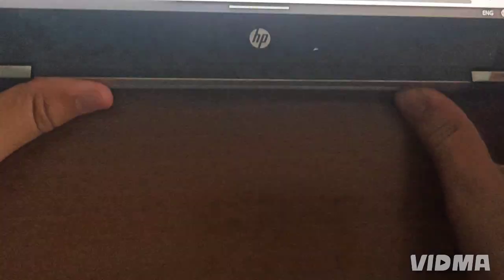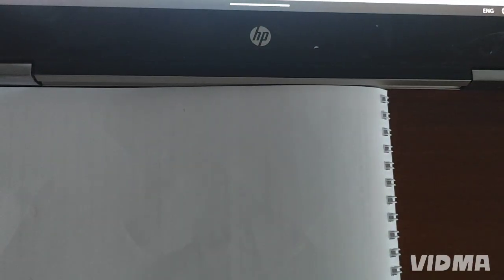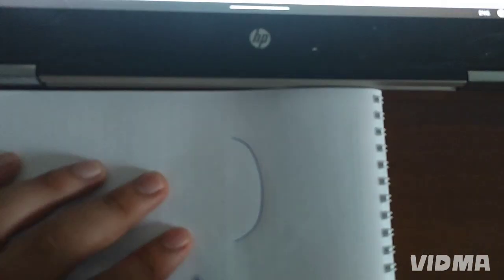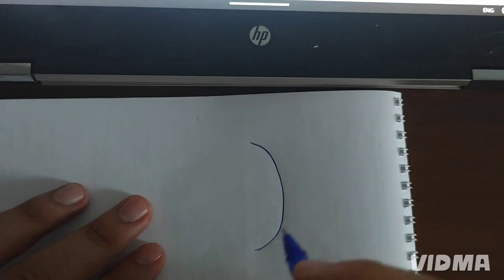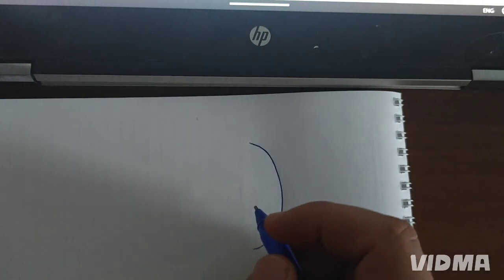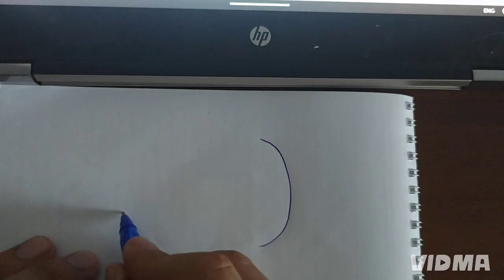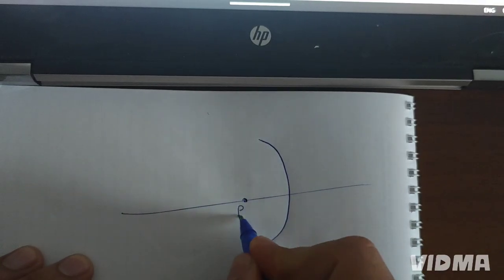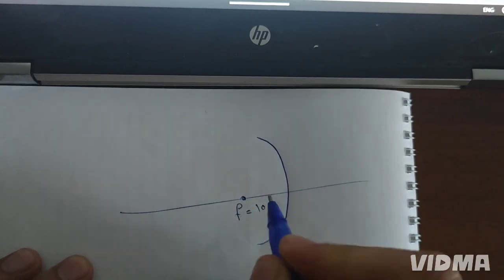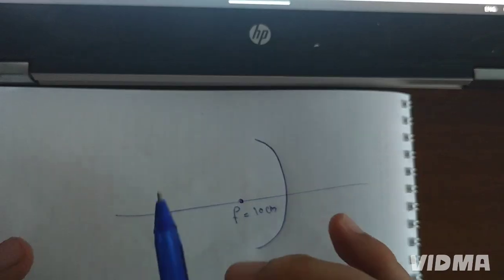Let me help you understand by the picture. This is the concave spherical mirror and it has a focal length. For example, this is the distance of the focal length, which is equal to 10 centimeter. We have this pencil.